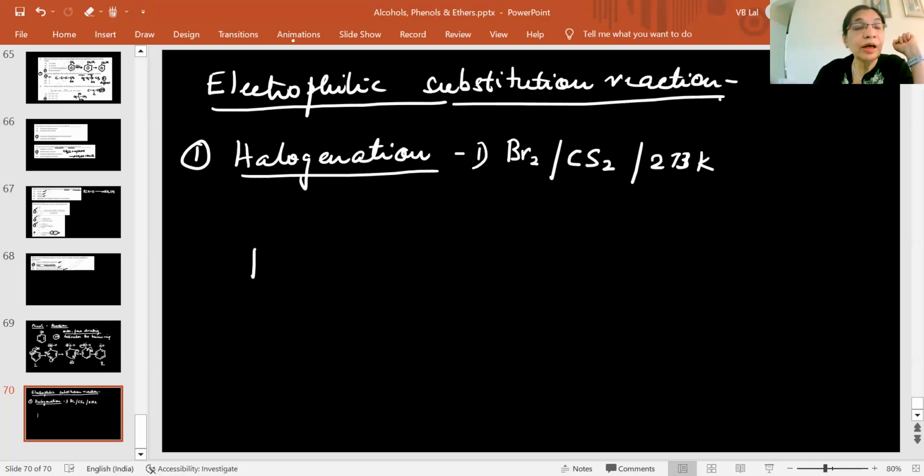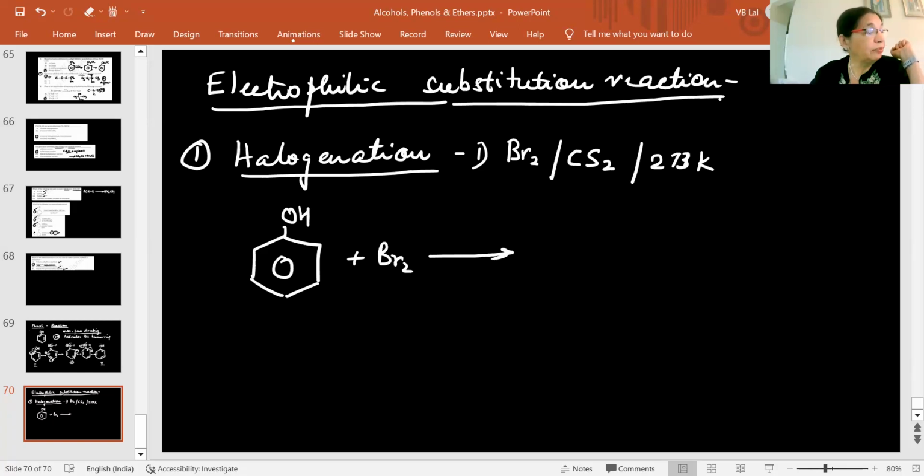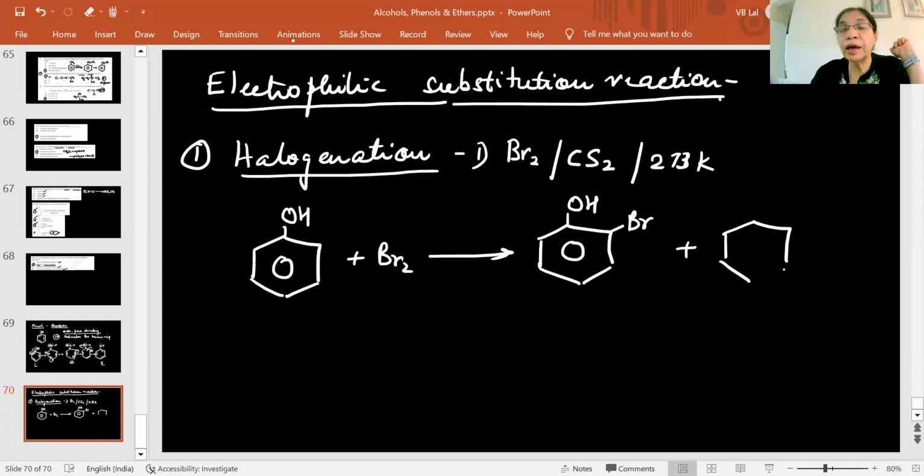So what will happen? This is my phenol, OH, and when I react it with bromine, a Br will come on the benzene ring. So I will get orthobromophenol and I can also get parabromophenol.